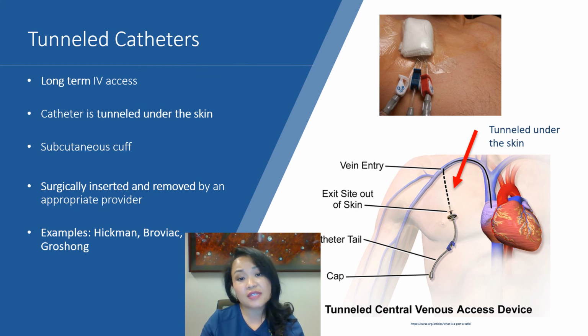The physician tunnels the catheter under the skin and into the superior vena cava. After the catheter is placed, the catheter is secured with sutures for 2 to 3 weeks until the granulation tissue has grown around the cuff. So although these catheters are much more expensive to insert, their maintenance is more cost-effective than the non-tunnel catheters.